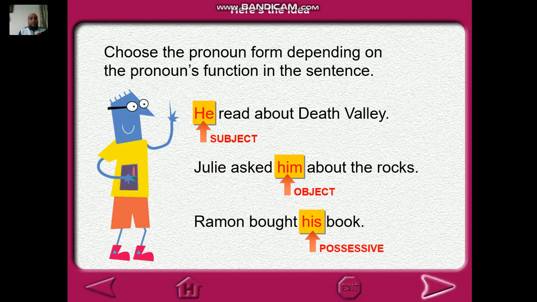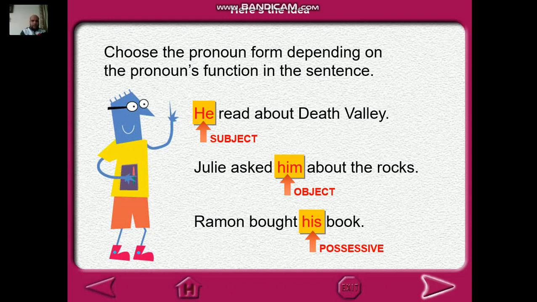Choose the pronoun form depending on the pronoun's function in the sentence. He read about Death Valley, of course read here because it's a simple past. Otherwise I'm going to have S with read, it's going to be he reads. Julie asked him about the rocks. Ramon bought his book.